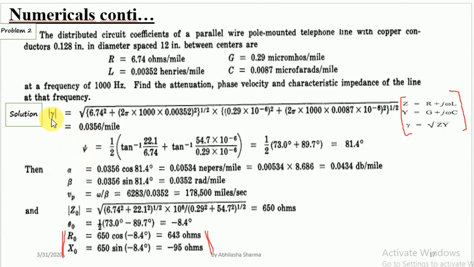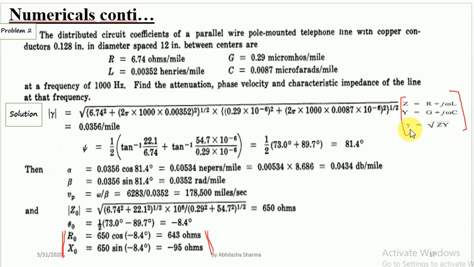Here we have calculated the magnitude, next we calculate the angle. So either you calculate the propagation constant with the help of these formulas, or another method: since we know gamma is equivalent to the root of Z into Y, from this formula you are also able to calculate the propagation constant.